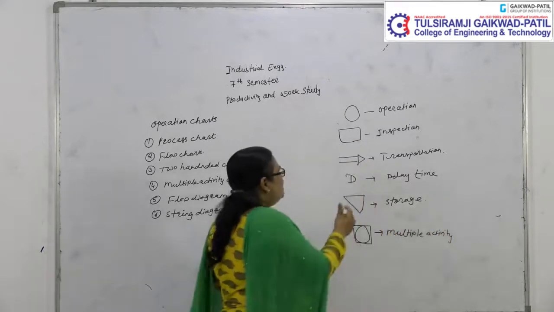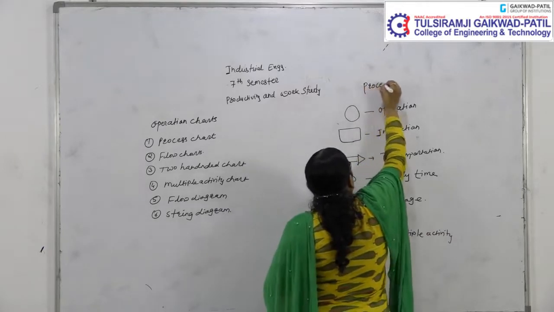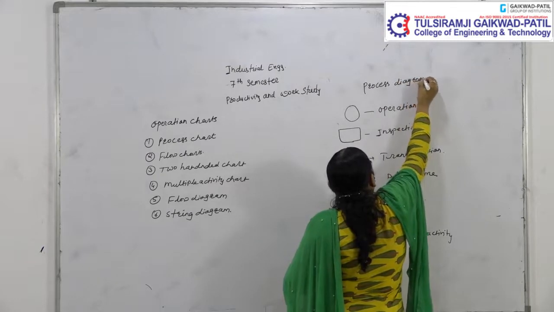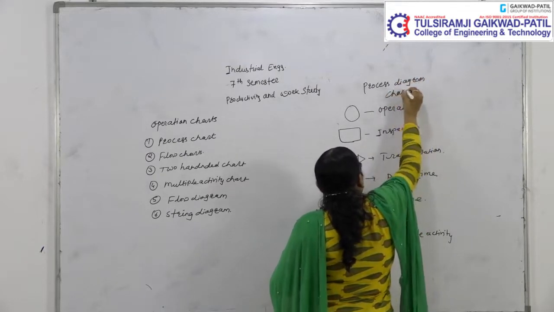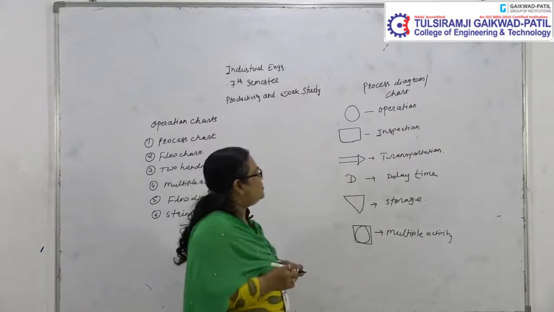So these are the symbols used in a process diagram or chart.